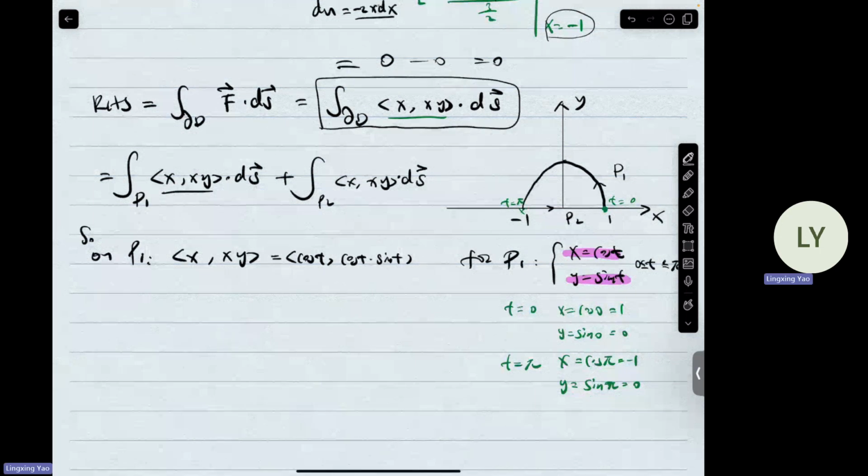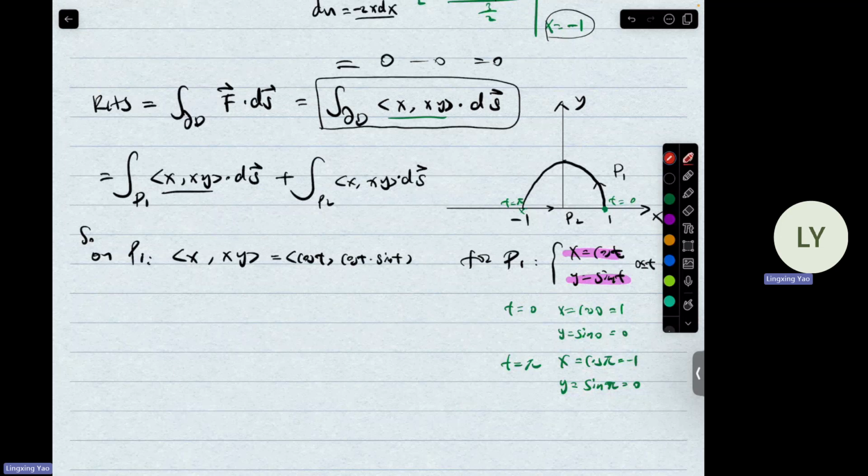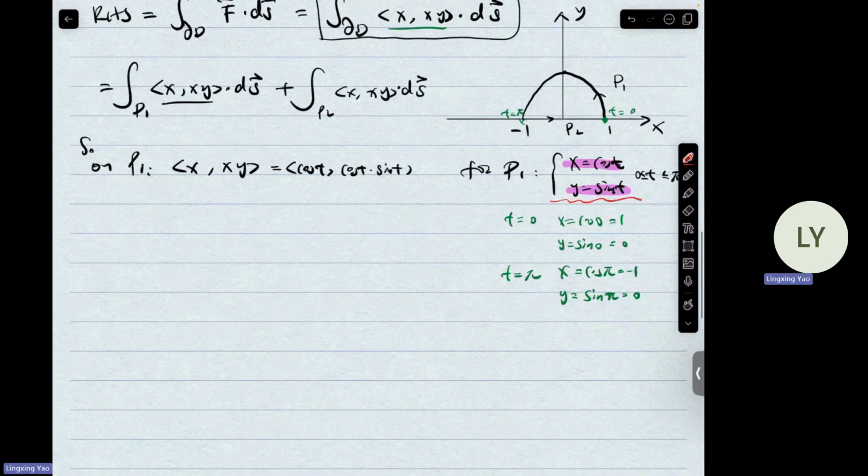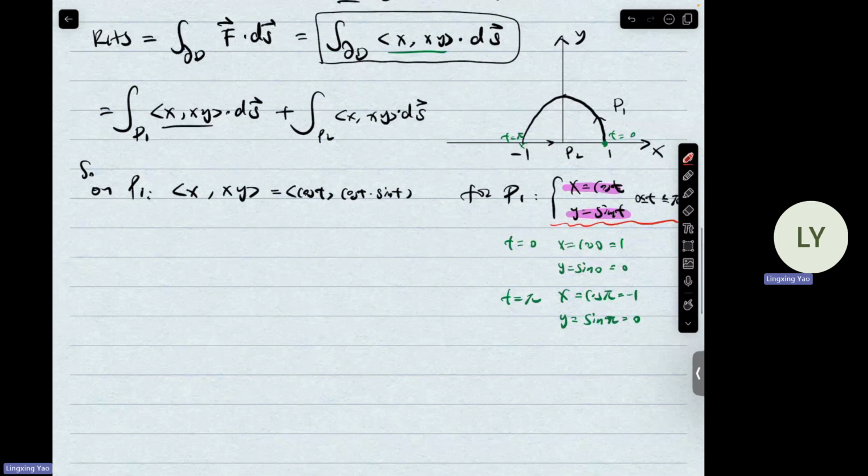Okay, and also remember we do have this s to be represented by this. So what is ds? Remember ds is equal to the velocity vector or the tangent vector along the path times the dt.